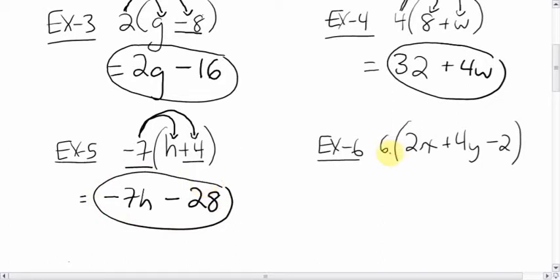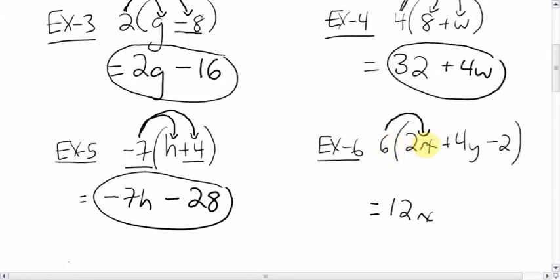Okay, now this fisherman is going to catch 3 different fish. Again, don't freak out. It's just you'll have 3 different fish. So that means you're going to have 3 different things written here, 3 different terms. So the 6 is going to catch the 2x. Now, what is 6 times 2x? In this case, you multiply the numbers. 6 times 2, which is 12x.